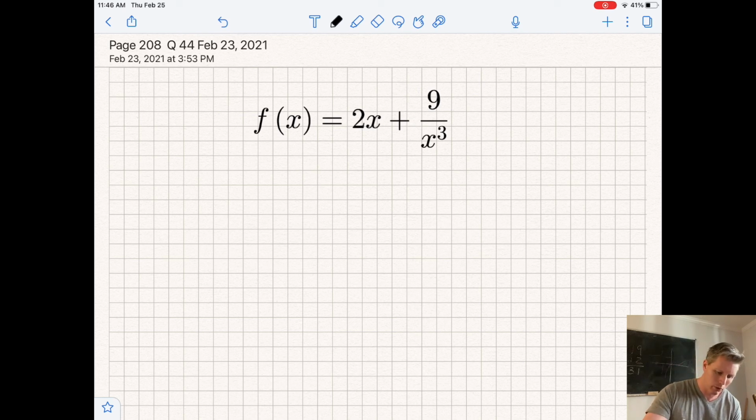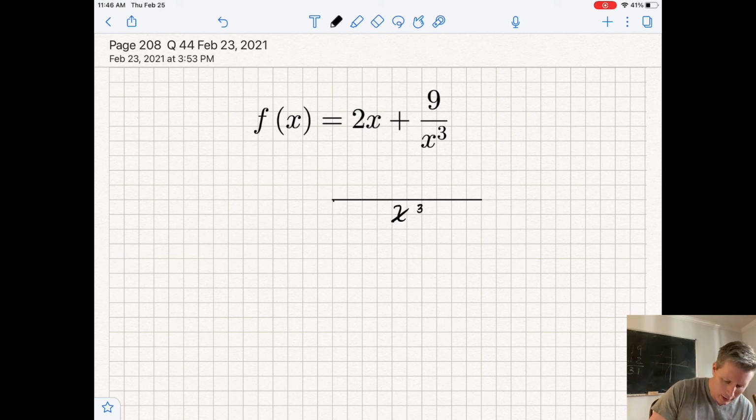All right, so to start, the first thing I'm going to do is bring my two fractions together. I'm going to bring 2x and 9 over x cubed together into one fraction. So I'm going to find a common denominator. A common denominator of 2x and 9 over x cubed will be x cubed, right?